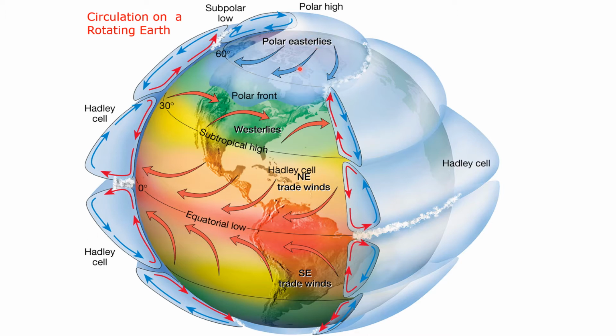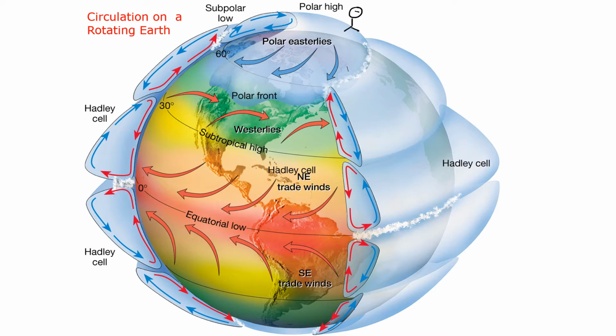Well, let's start up here with the polar easterlies first. That air begins to move, and remember Coriolis is maximum in the polar regions, so we have that maximum deflection. So if you are stickman up here and you're viewing that air, then that straight line motion is deflected to your right.